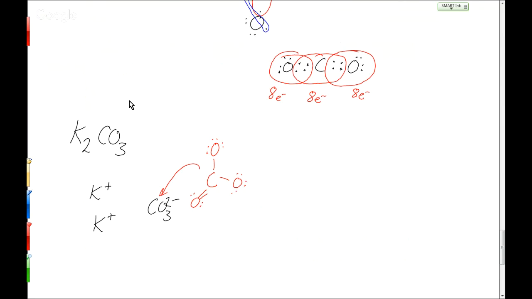Covalent means sharing the electrons, like in the CO2. So that's an example of a compound that has both ionic and covalent bonds. Practically, we call this an ionic compound because that's what's most important about it, that it has those ions, it's an electrolyte, all that stuff. But if you're really looking deep inside it, there are actually covalent bonds inside this compound.